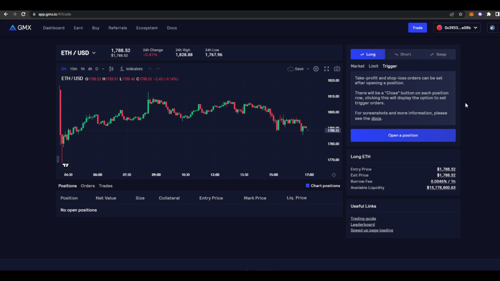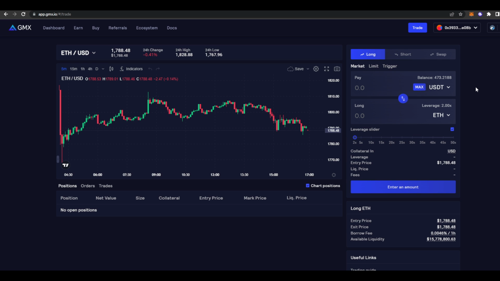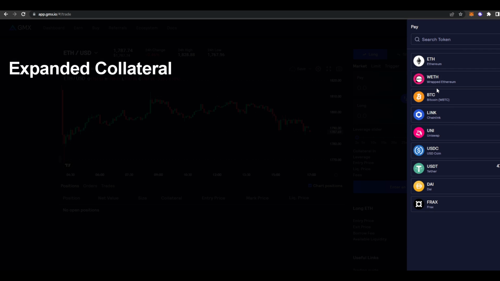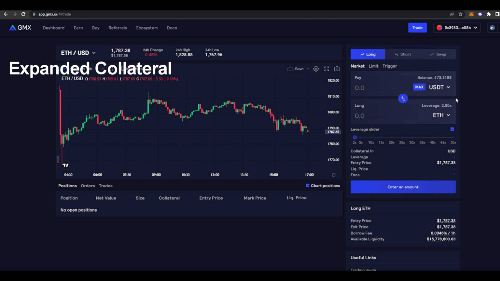And so just going through GMX, I just wanted to talk about what I thought was good and what could potentially have some more improvements on in the future. So what I really like about GMX is that it uses different collateral types. You're able to use ETH, Bitcoin, Chainlink, Uniswap as base collateral to trade against, which is awesome. I think all Perpetual Futures Dexs should allow for different base collateral types.